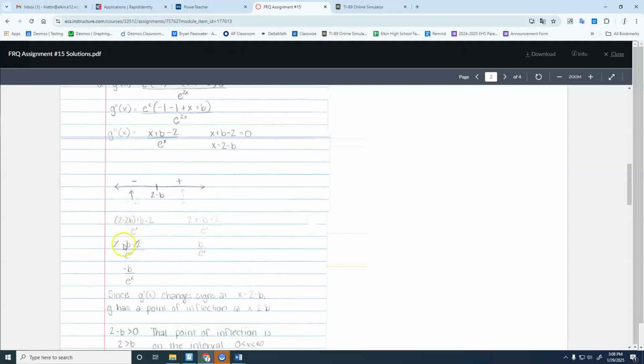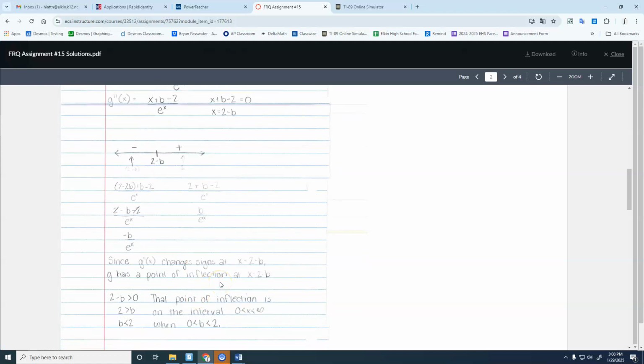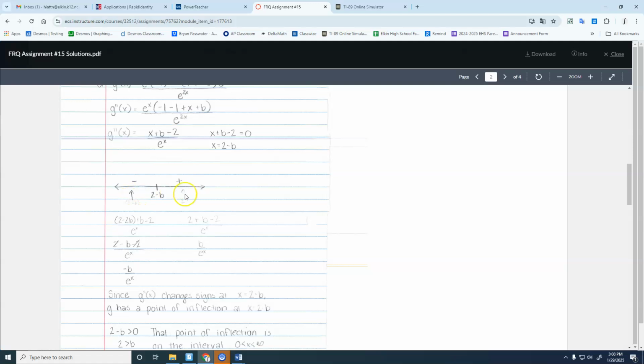And if you do that, you'll end up with negative b over e to the x, so that's going to be negative because b was a positive integer. So then, because this changes signs, you have a point of inflection. And that point of inflection would be on this interval here. So it's tricky because you've got to plug in values with b.